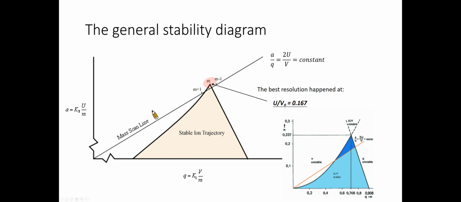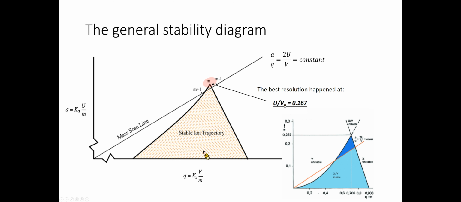While any AC and DC voltage that falls inside the stability diagram could be utilized, in practice, quadrupoles keep the ratio of DC to AC potential consistent, while the scan is performed by changing the magnitude of the AC and DC potential.